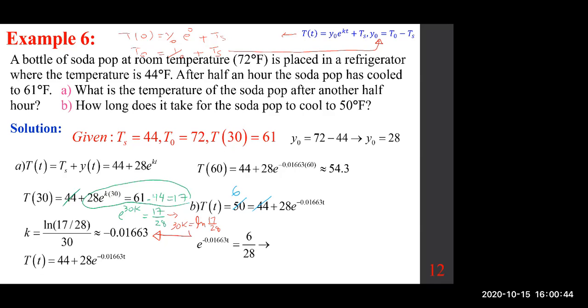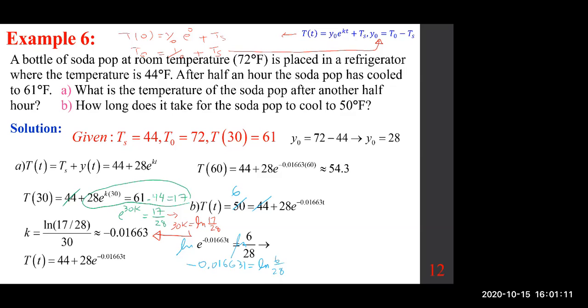So if I take a ln of this equal to ln of that, then I get negative 0.016631 equals ln of 6 over 28. I can say ln 6 minus ln 28. It doesn't matter.